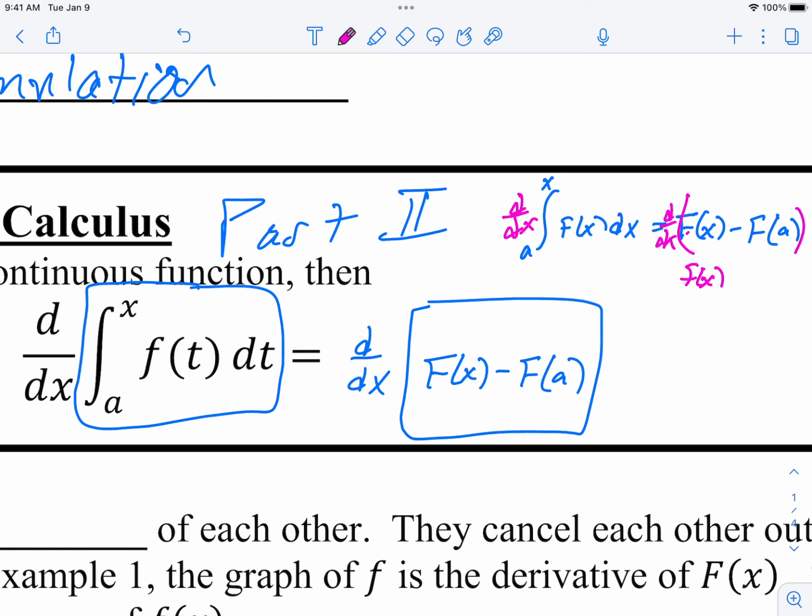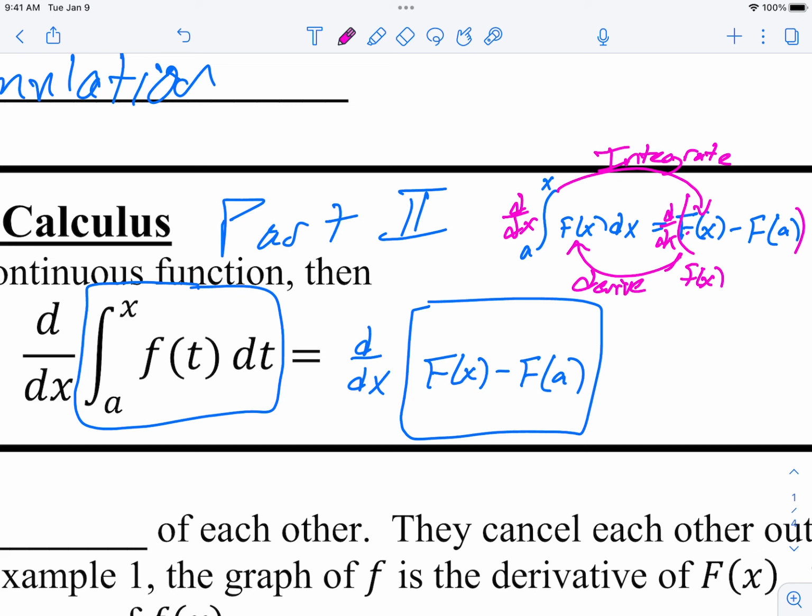So if you just integrated and got capital F, then if you derive, it's going to take you right back. We're just doing and undoing. Sounds silly. But when I put it all together, you're going to love it. So that's my integrate and derive.